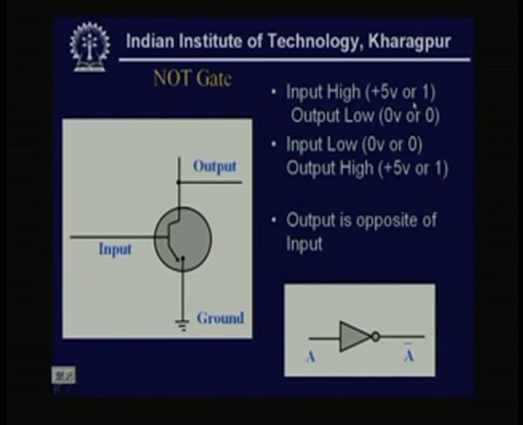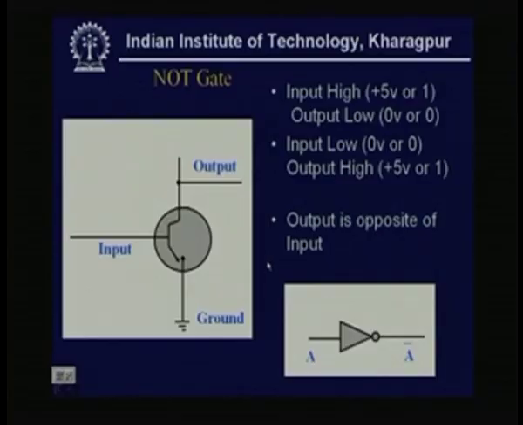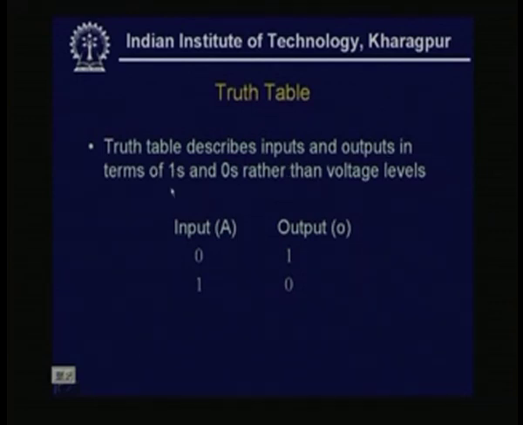If I represent plus 5 volt as 1 and 0 volt as 0, then the way we represent this function is what we call the truth table. So it describes input and output in ones and zeros rather than voltage levels. Just now we saw that input A is a single input line, so it can be 0 or 1, and the output will be 1 if it is 0, and 0 if it is 1. So this is the truth table concept.